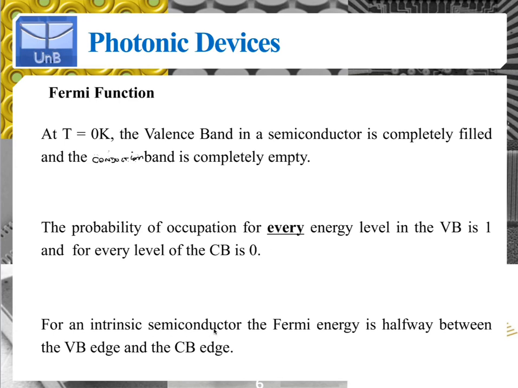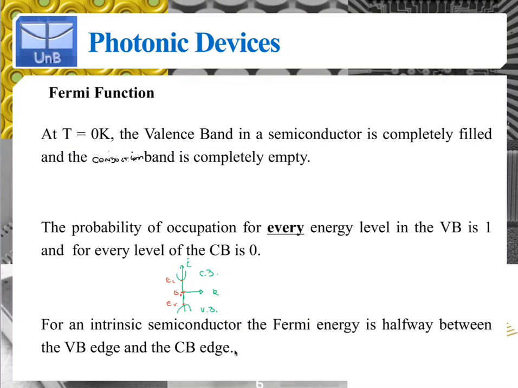For an intrinsic semiconductor, the Fermi energy EF is halfway between the valence band edge and the conduction band edge. So if we plot the band structure, this being the conduction band and this being the valence band, and if this is EC and this is EV, EF is going to be halfway between these two.